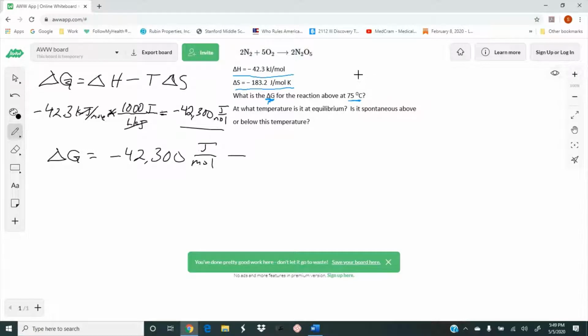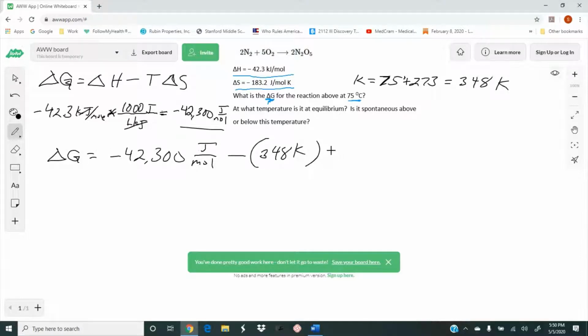In order to get Kelvin temperature, I'll take my degrees Celsius, 75, add 273 to it, and I get 348. So that's my temperature, 348 Kelvin.